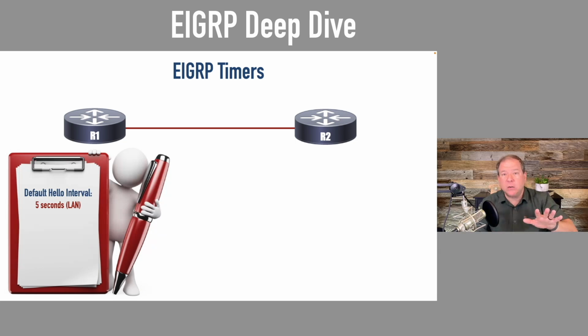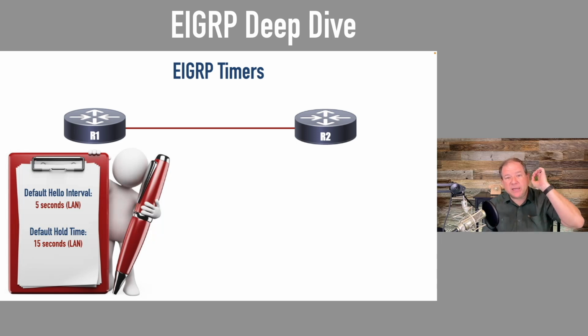Now, by default, on an Ethernet network, we have a hello interval and a hold time timer. The hello interval defaults to 5 seconds. So every 5 seconds, my neighbor is going to be sending me a hello message saying, hey, I'm still here.